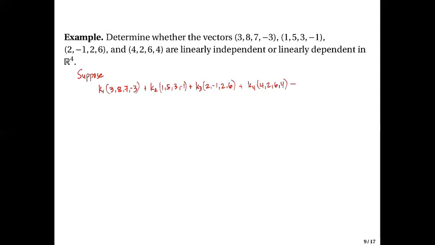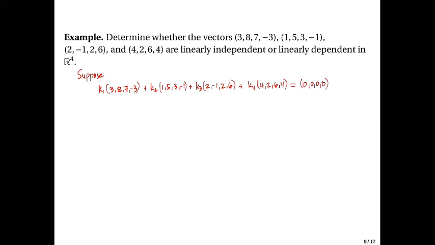Suppose this is equal to the zero vector, and let me write the zero vector as (0, 0, 0, 0). Okay, so we want to show whether this one is linearly dependent or linearly independent in R4.